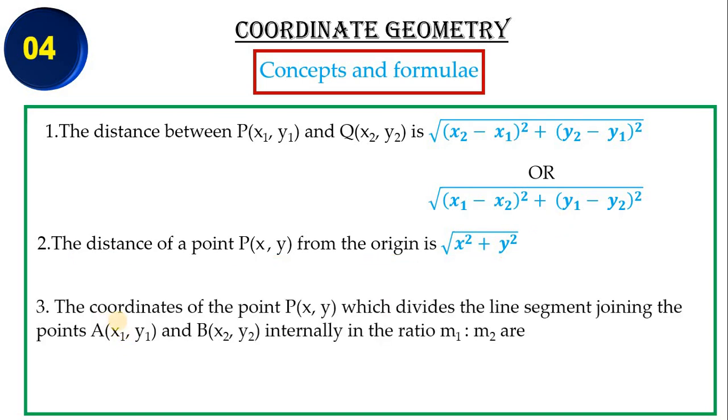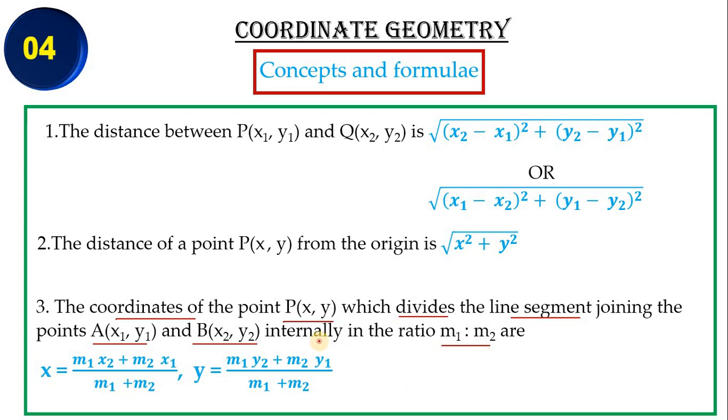Next point, the coordinates of point P, which divides the line segment joining the points A and B internally in the ratio m1 is to m2. It is the section formula, children. Let me make you understand when we have to use this formula. Look at this line segment.